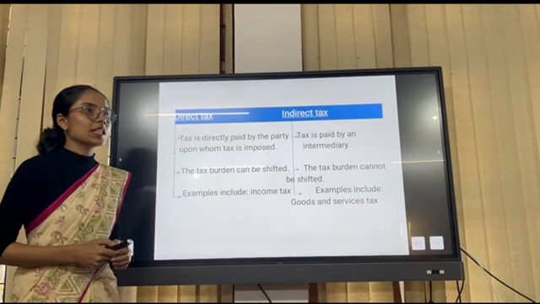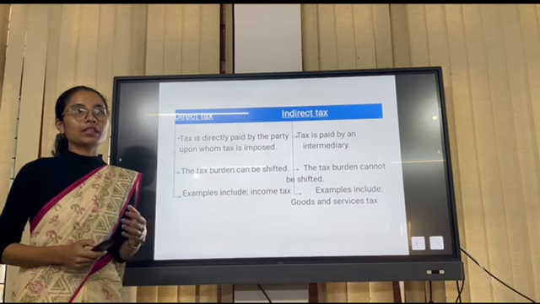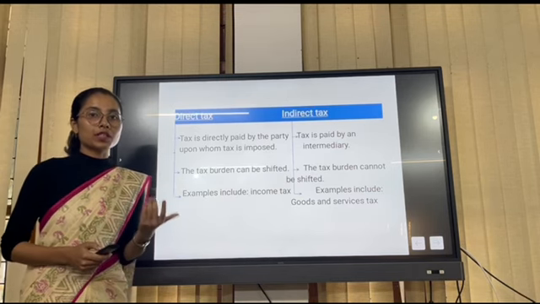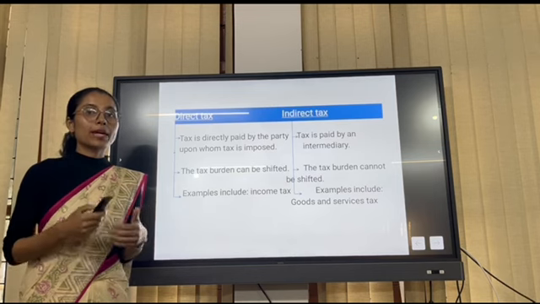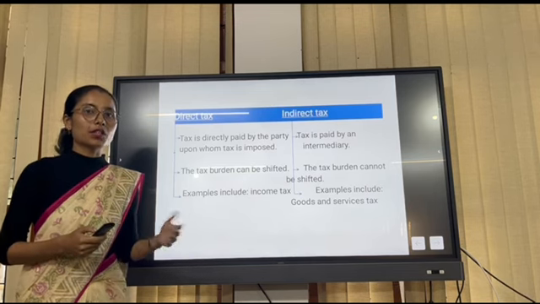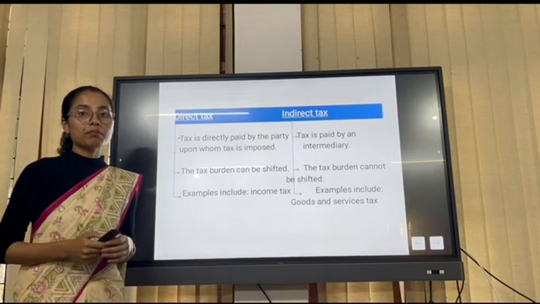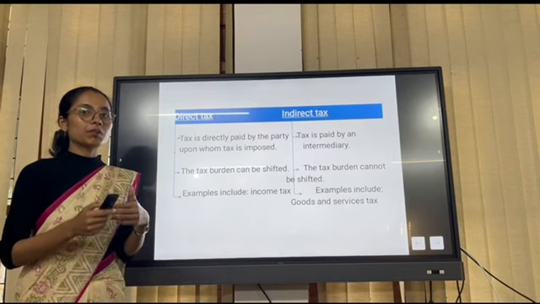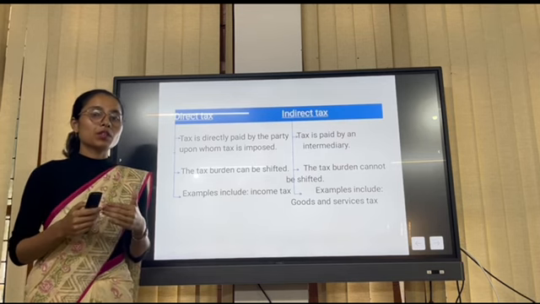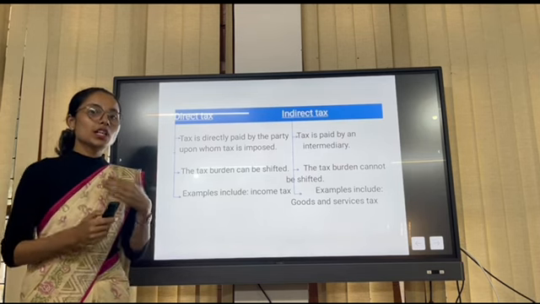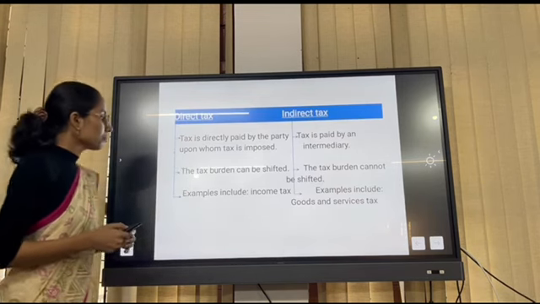Suppose income tax is a type of direct tax. If income tax is levied on a certain individual, then he cannot shift the burden of paying that tax to some other individual. But sales tax, for example, is a type of indirect tax which was initially levied on the producers of a particular commodity, but the producers will shift the burden of paying the tax to the final consumers. Okay.